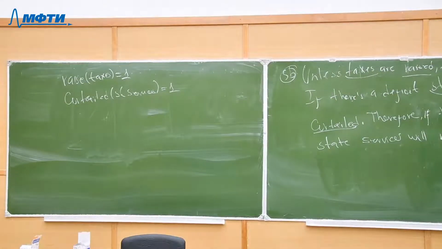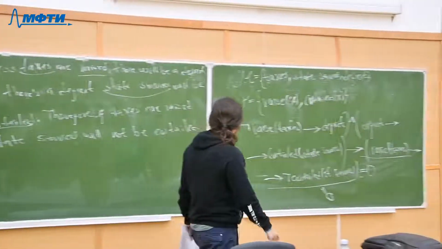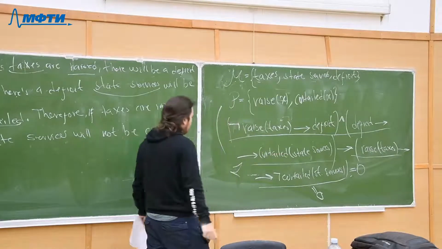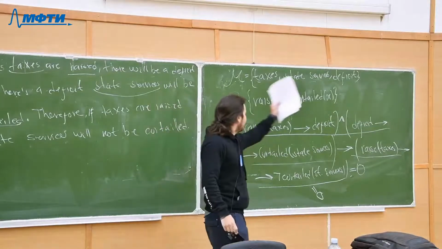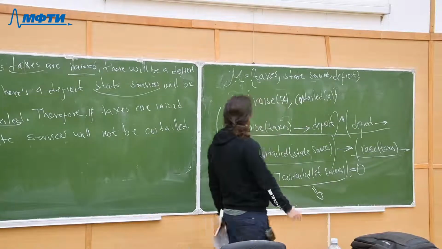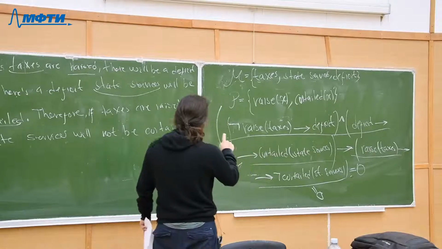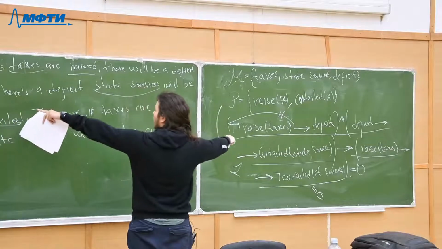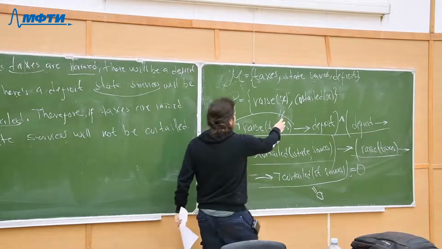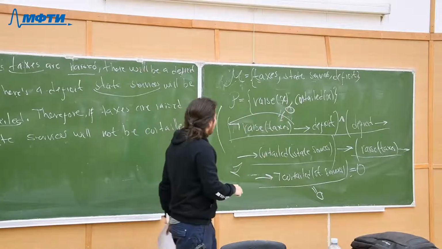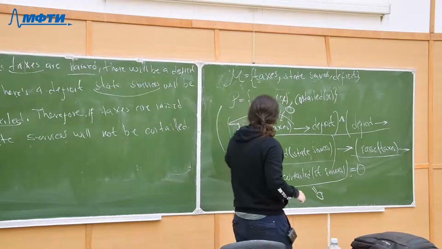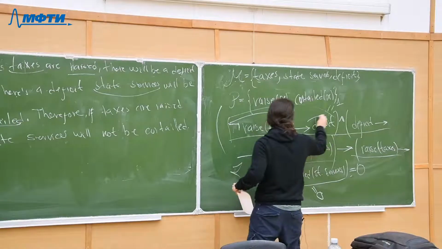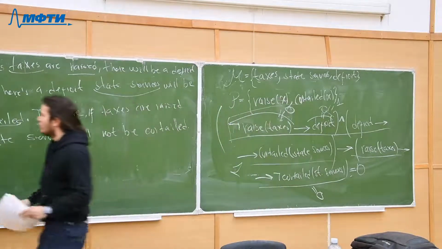Okay. Now, what else? All these have to be 1. So this and this have to be 1. But we have that this is false, right? Then if we want this to be 1, then this should be false. So we have no deficit.